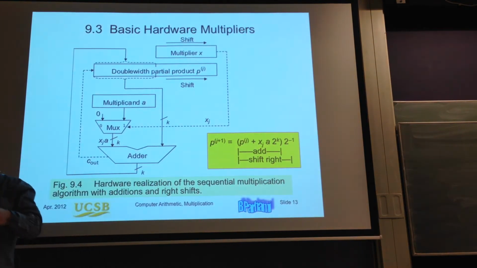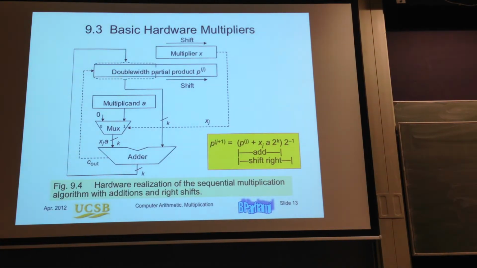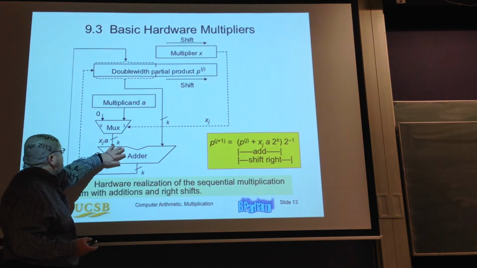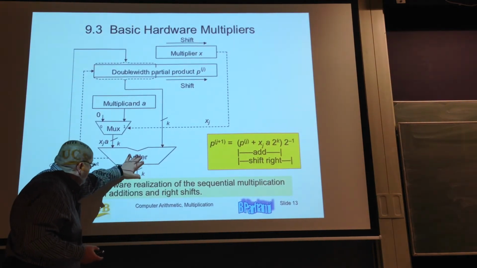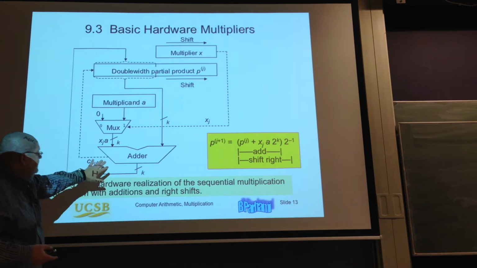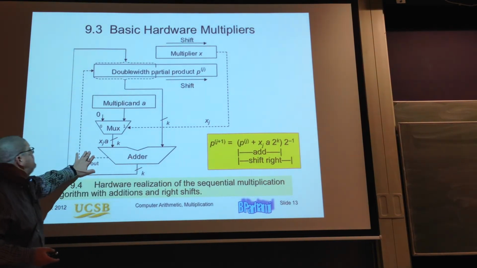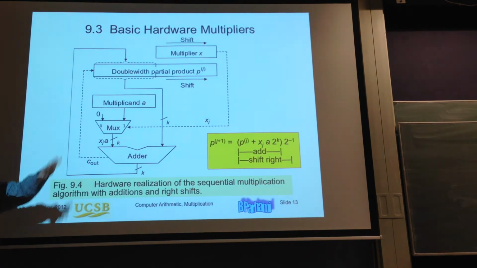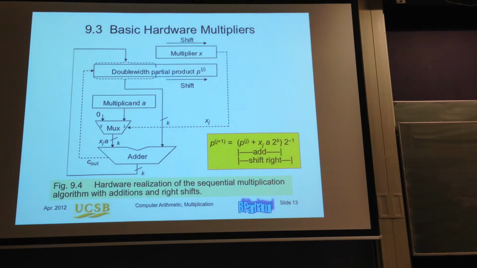Then after the propagation through the multiplexer, this adder can do the trick, and then we copy the result of this adder plus the carry out into a double register where I keep the product. Then I can do the shift in order to prepare for the next iteration.